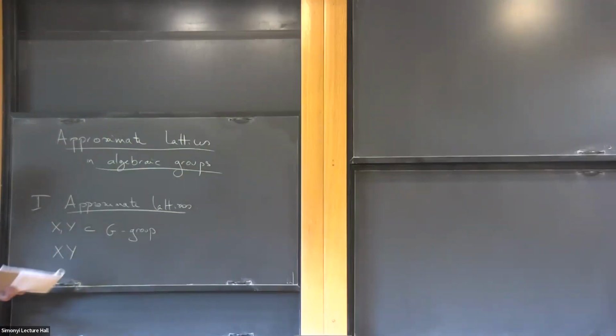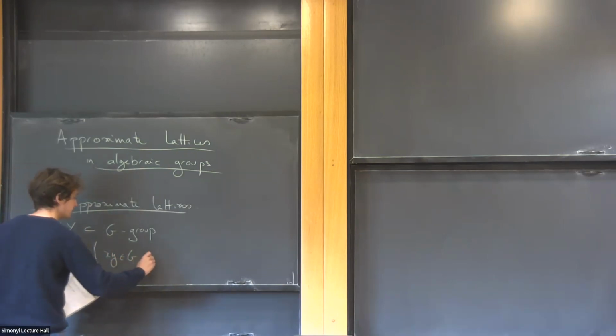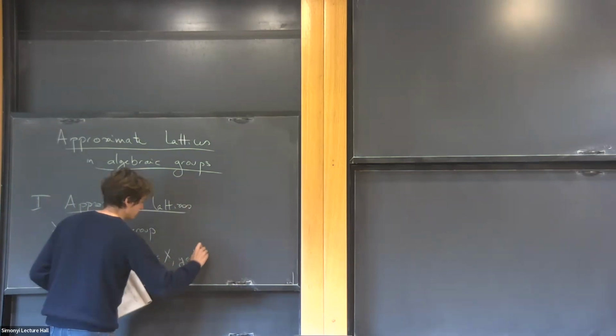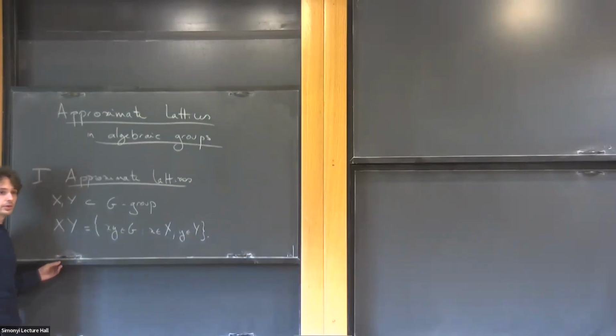For instance, the Minkowski multiplication of two sets, which is simply the set of products. Fairly simple operation between two subsets of a group.